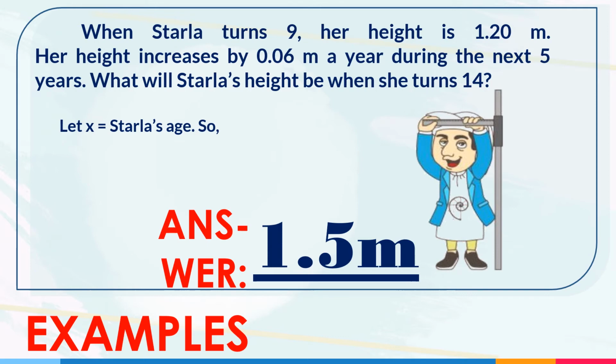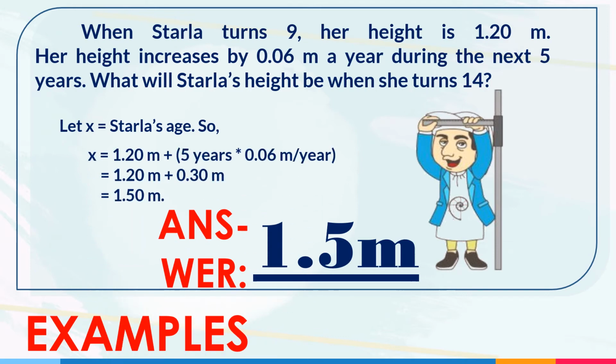Let x be Starla's height. So, x equals 1.2 meters plus 5 years times 0.06 meter per year. We have 1.2 meters plus 0.3 meters. So 1.2 plus 0.3 meters, we have 1.5 meters. This supports the answer 1.5 meters.